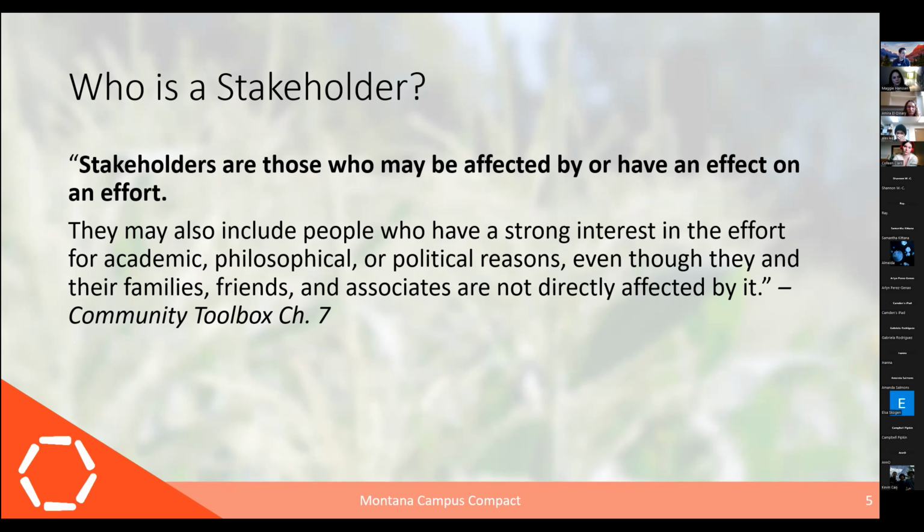In many ways, I'm not sure that actually gets us any closer to deciding what a stakeholder is, but ultimately it's an entity, an individual, or even a group of individuals that either decide directly to interact with a community project, or may be completely indirectly affected by it, but ultimately that might result in a positive or negative outcome.